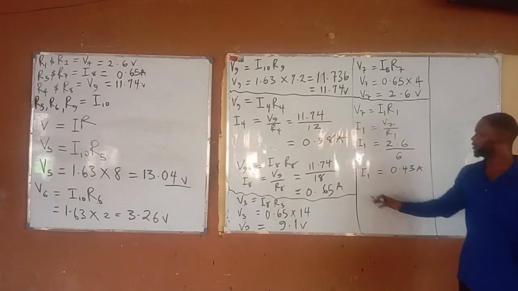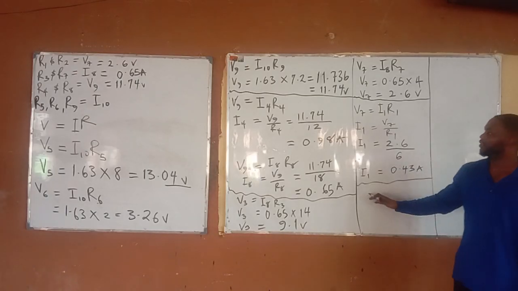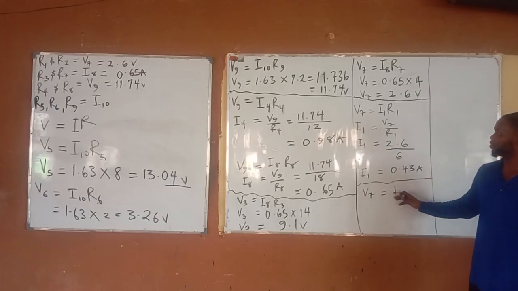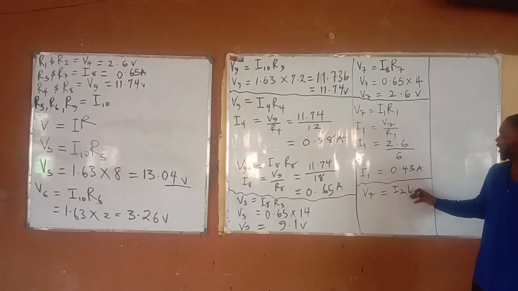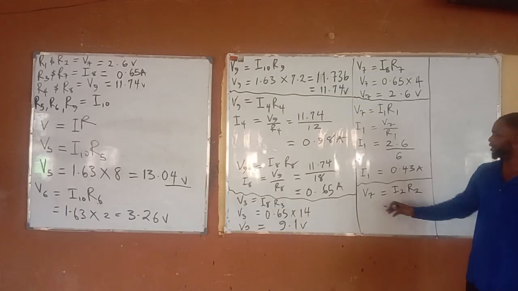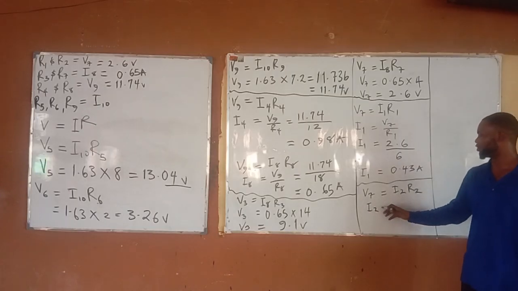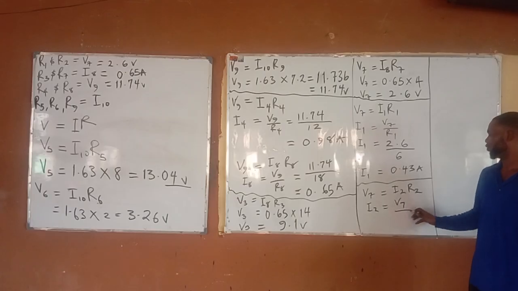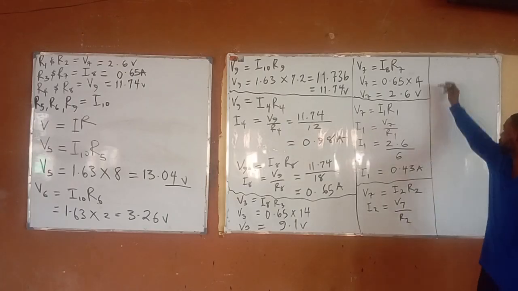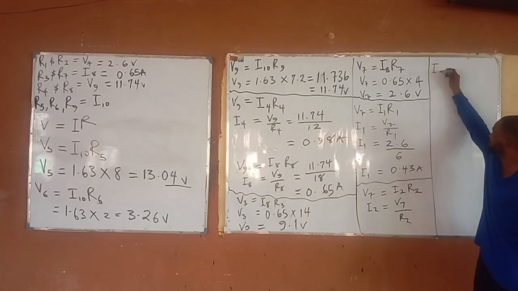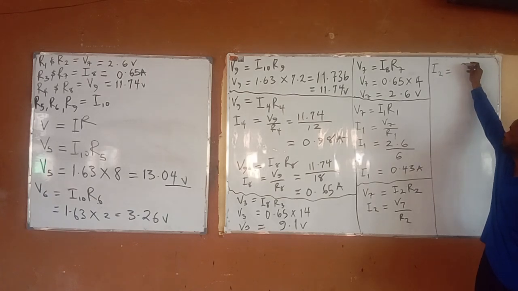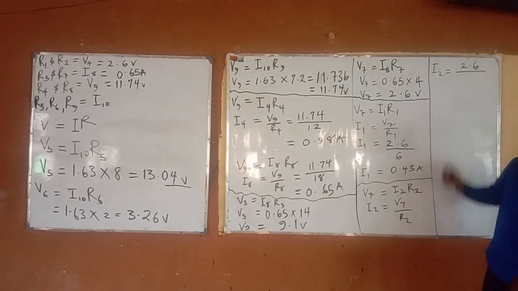Now, for R2, I'll have V7 equals to I that is in resistor 2 and resistance in resistor 2. So if I do this, I'm going to be having I2 equals to V7 over R2, which is going to be the same thing as saying I2 equals to 2.6 all over here.